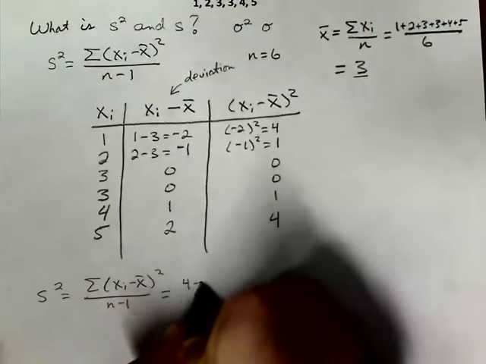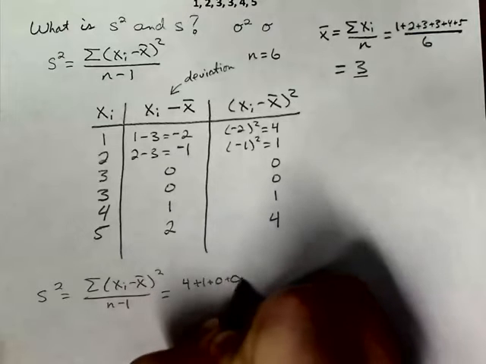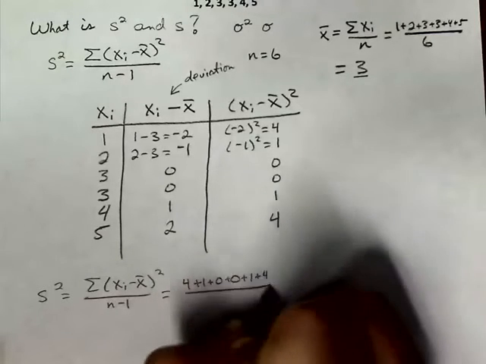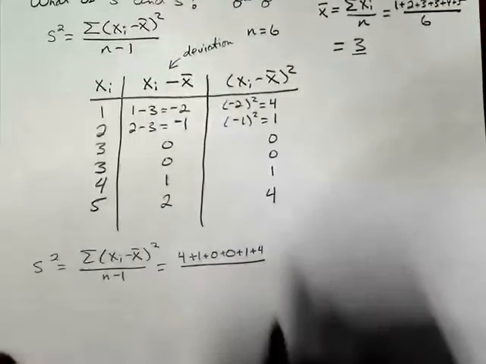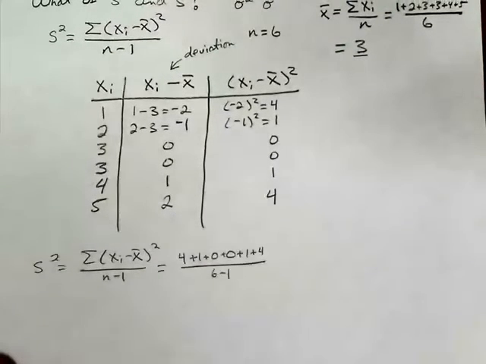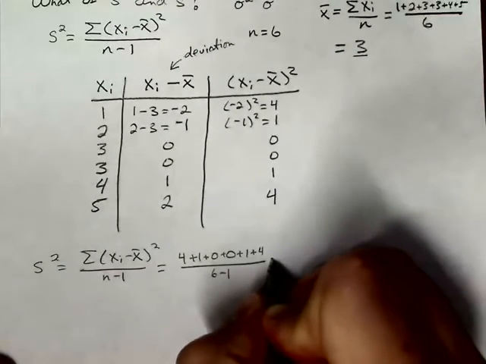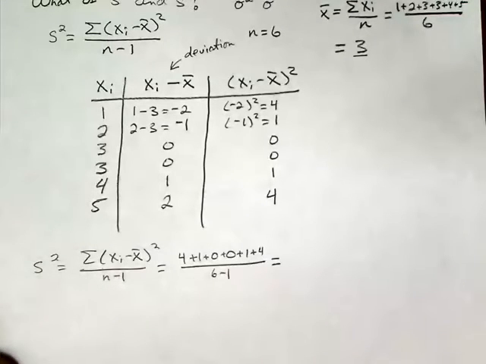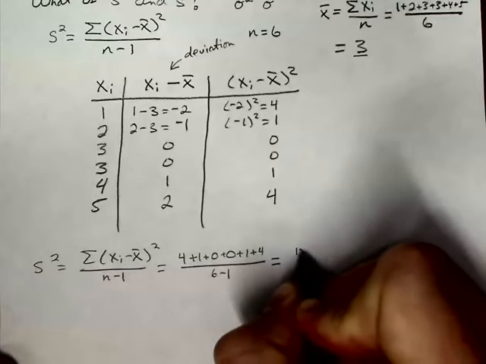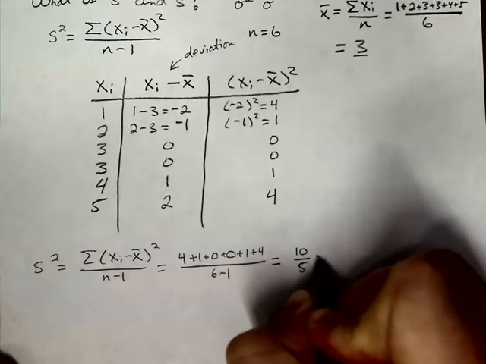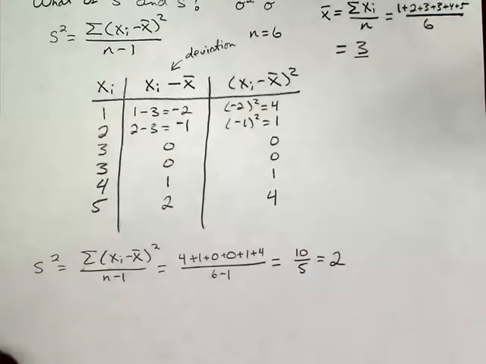So I've got 4 plus 1 plus 0 plus 0 plus 1 plus 4, over n minus 1. n here is 6, so I've got 6 minus 1 in the denominator. So what I have here is 10 over 5. All right, so that works out nicely. s squared is 2. So that's my variance.